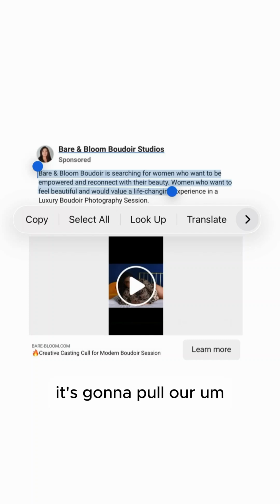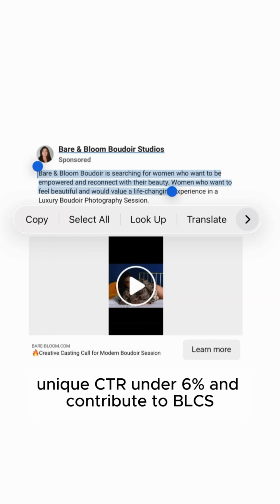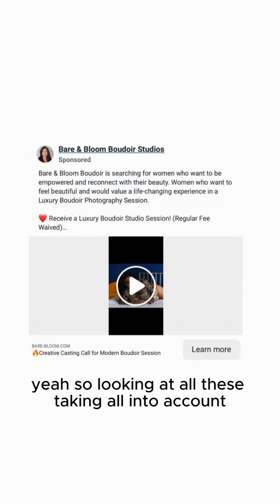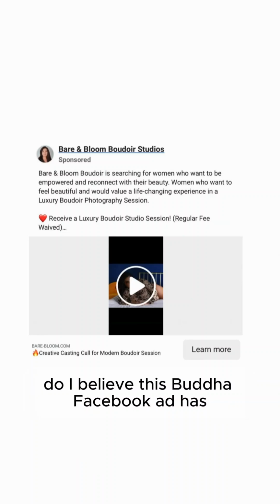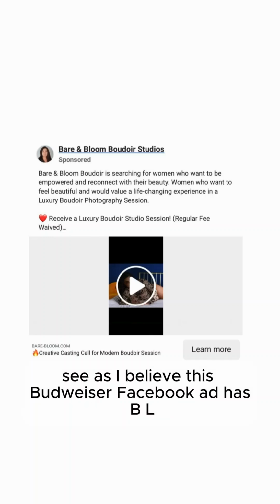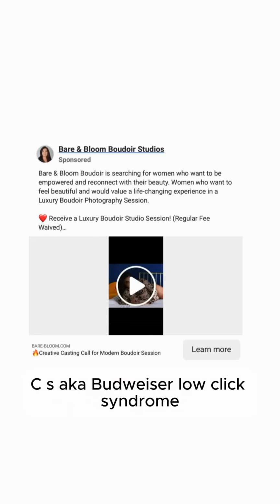It's going to pull our unique CTRL under 6% and contribute to BLCS, Boudoir low click syndrome. So looking at all these, taking all into account, do I believe this Boudoir Facebook ad has a unique CTRL under 6%? Yes, I do. So yes, I believe this Boudoir Facebook ad has BLCS, aka Boudoir low click syndrome.